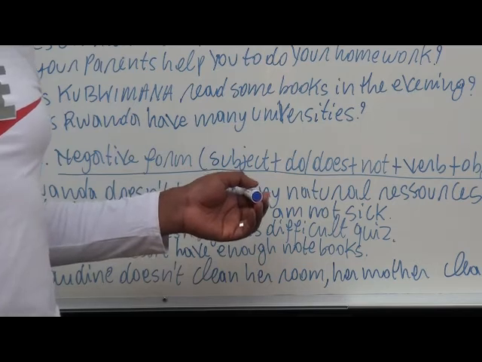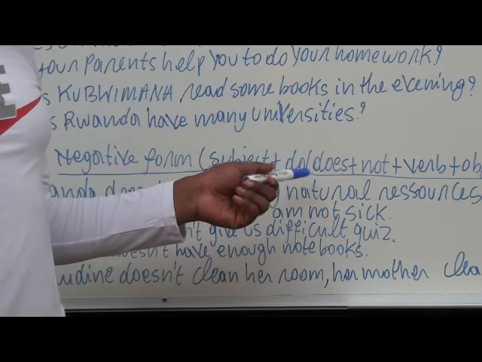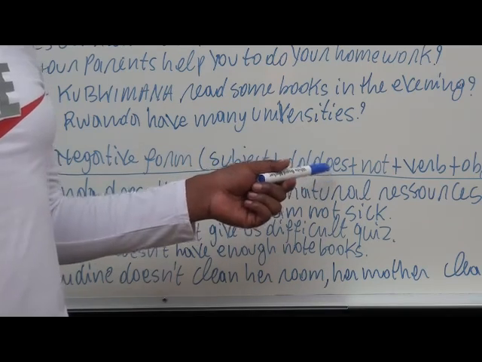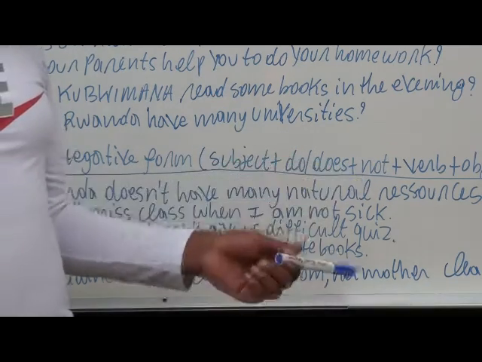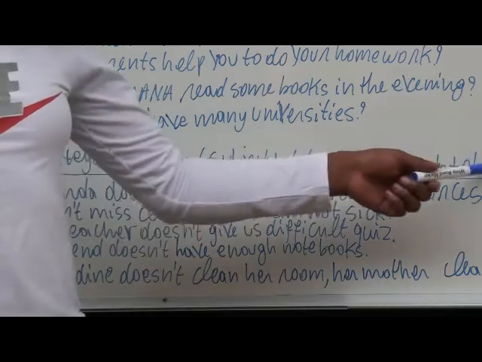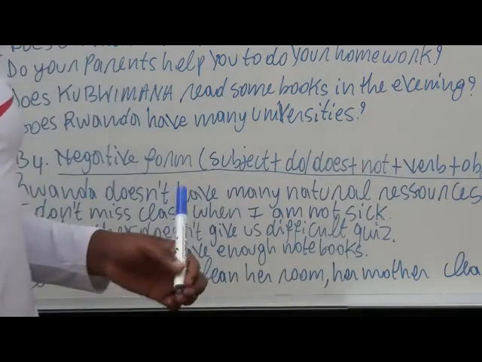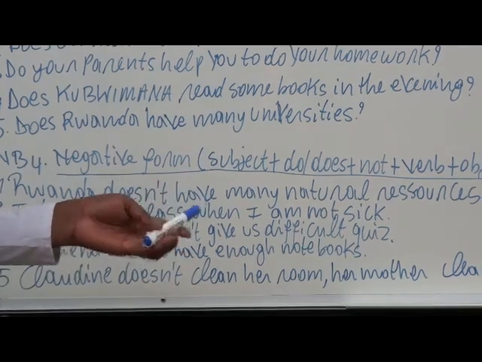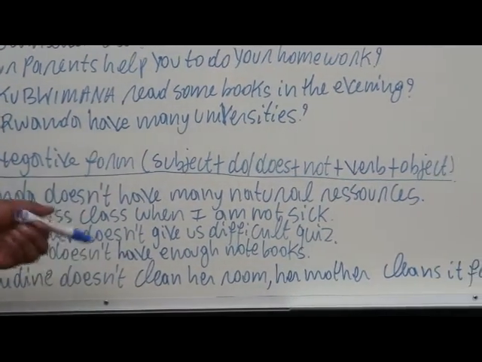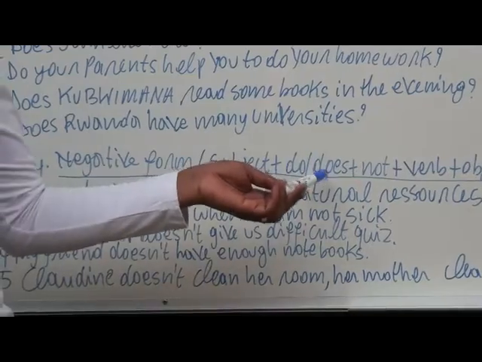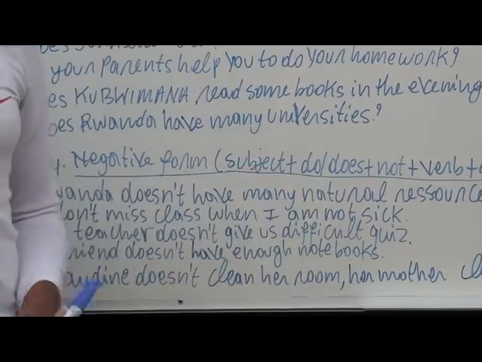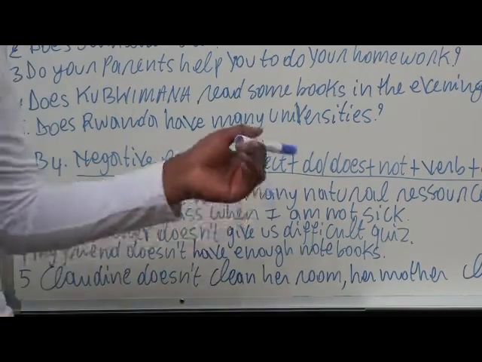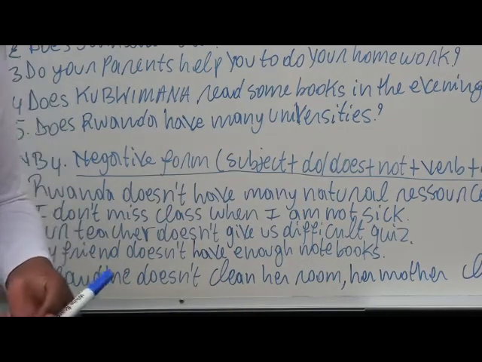We'll start with subject plus do or does plus not plus verb plus object. I think you remember that we will need does when the subject is the third person singular, and do for the rest of the subjects.